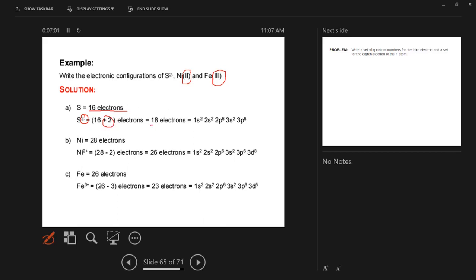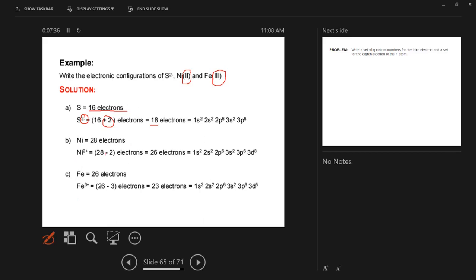So the total is 18. You need to write down the subshells. Based on the Aufbau principle, you list down from the lowest energy to the highest one. So 1s2, 2s2, 2p6, 3s2, 3p6. And all should total up to 18 electrons: 2, 4, 10, 12, 18.